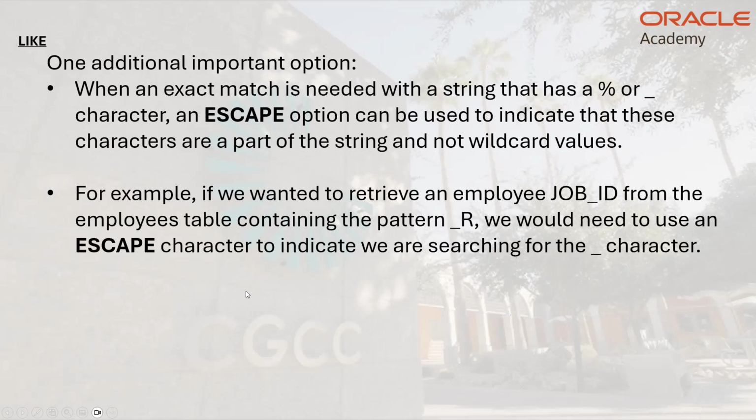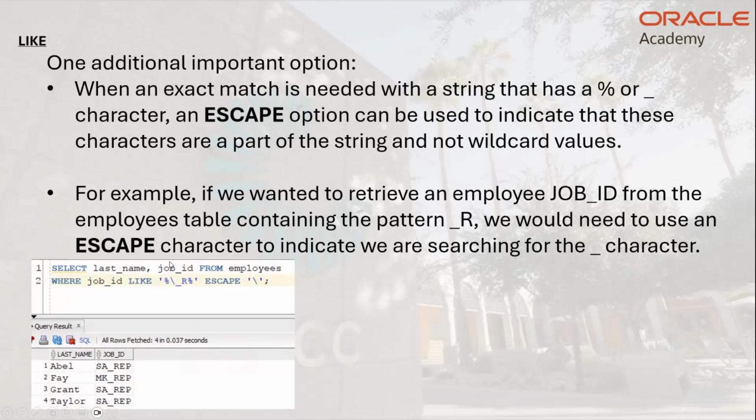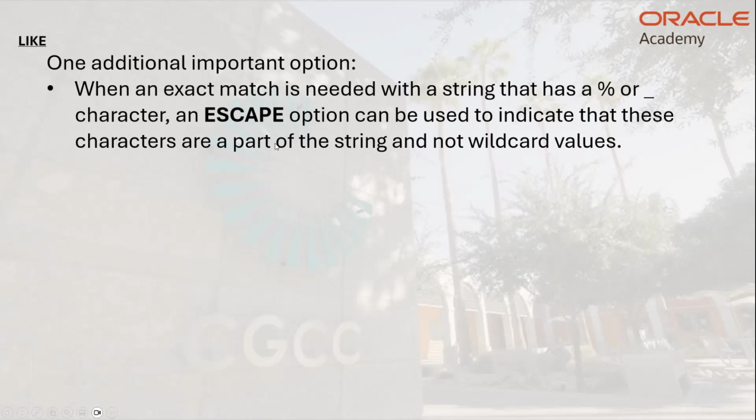So for example, if we wanted to retrieve an employee job ID from the employees table containing underscore R, we would need to use an escape character to indicate we are searching for a character. So if we want an exact match, we have to use what's known as an escape option.